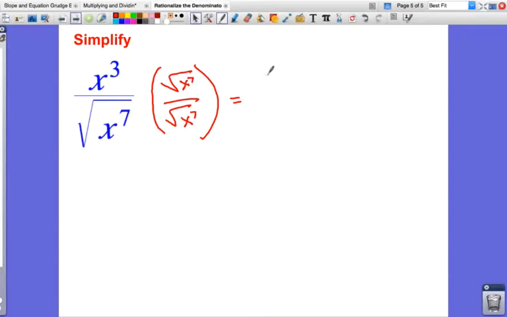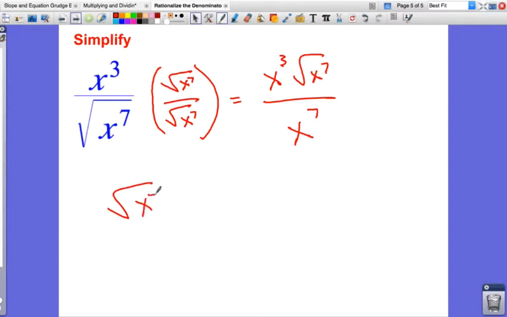When I do so, I have x to the third times square root of x to the 7th all over x to the 7th. Now what I want to do is, before I even start simplifying this, I want to simplify the square root of x to the 7th first. We know that this is the same thing as the square root of x squared times x squared times x squared times x.